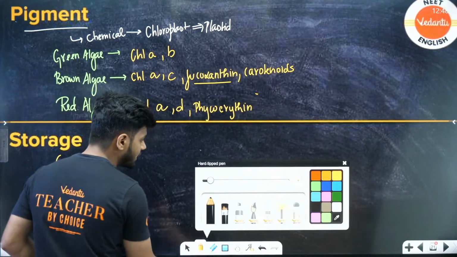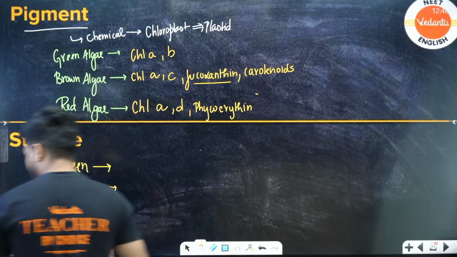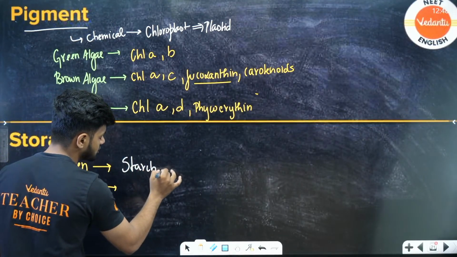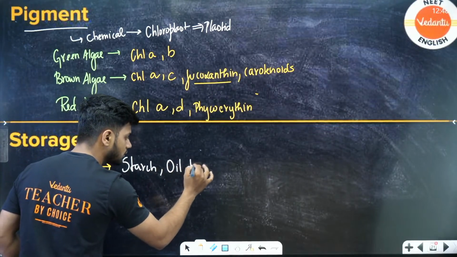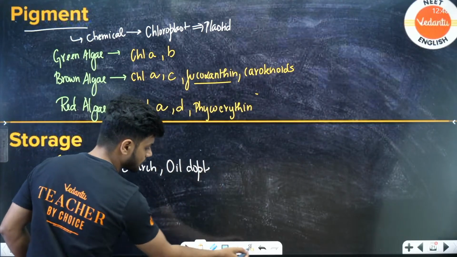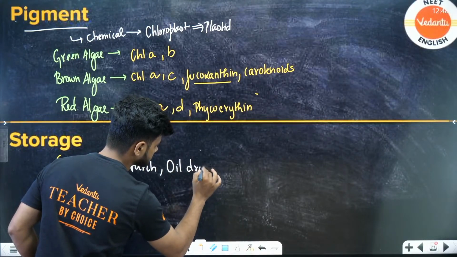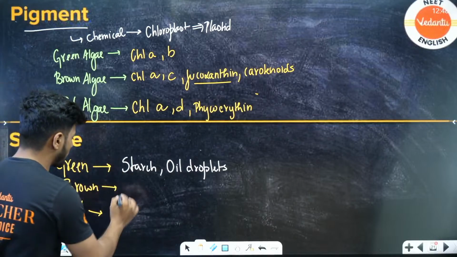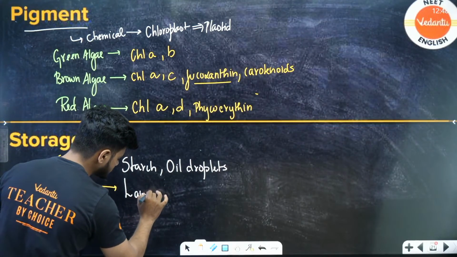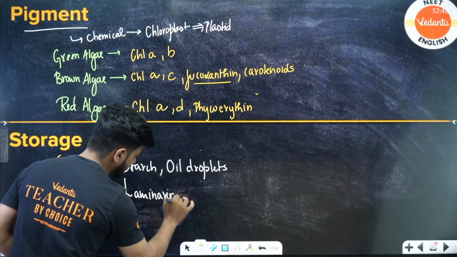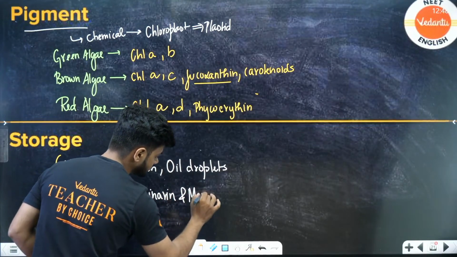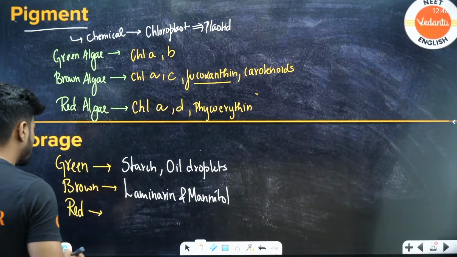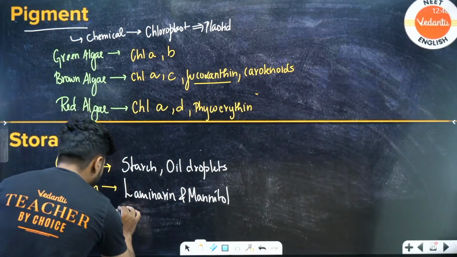For example, in the case of your green algae, all the food material is stored in the form of starch as well as your oil droplets. In the case of brown algae, it is stored in the form of laminarin and mannitol. In the case of red algae, it is stored in the form of Floridian starch.